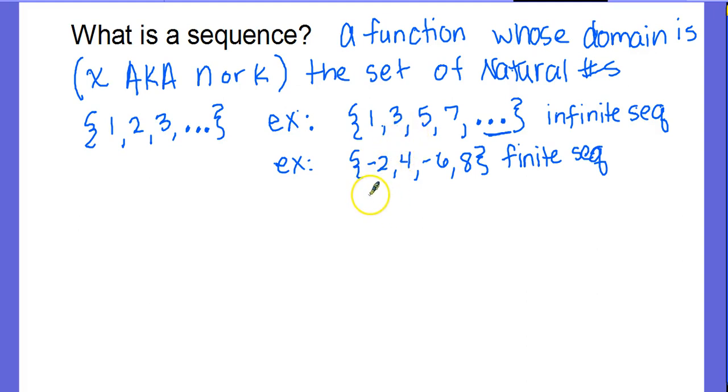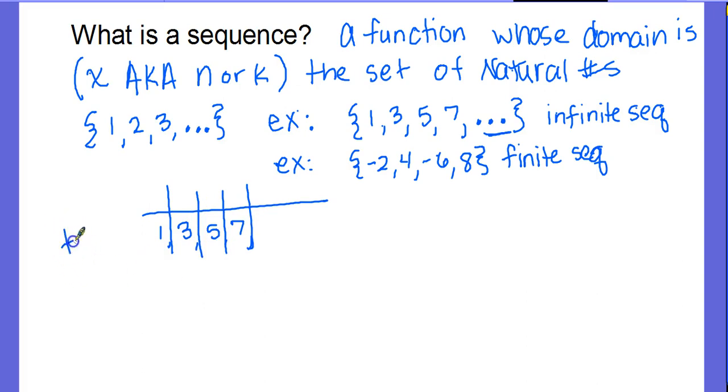Well, let me explain. When I see a sequence like this, 1, 3, 5, 7, etc., these are what we call the terms in the sequence. That's my y. So I want you to think of this like a table of values. Usually we do a table of values this way, right? Vertically.